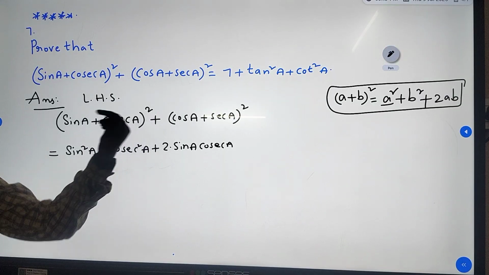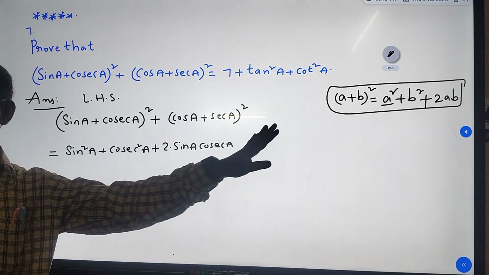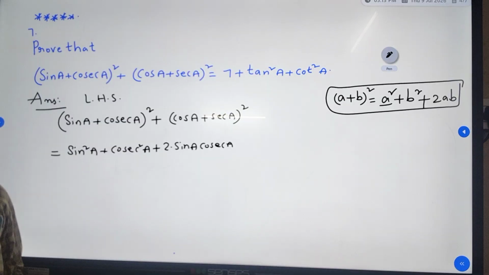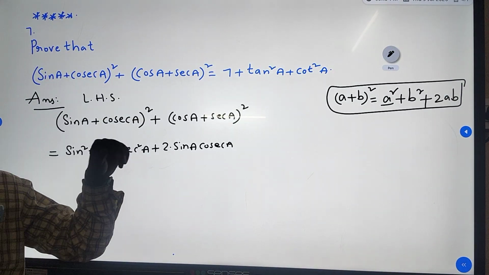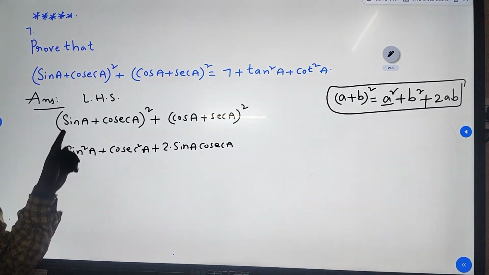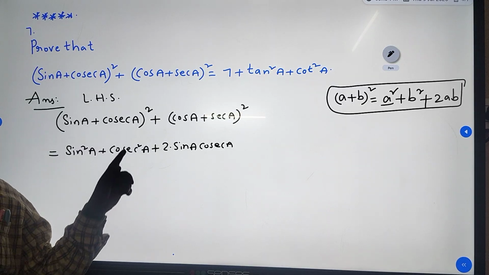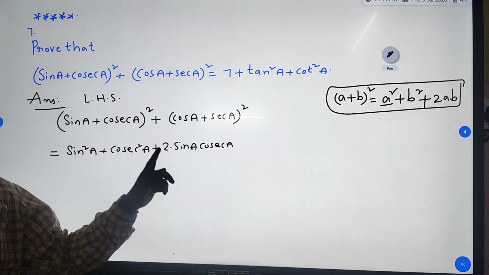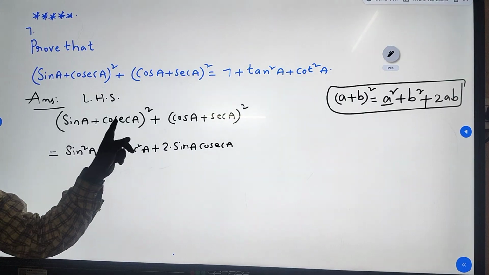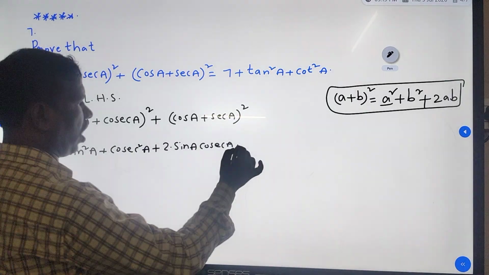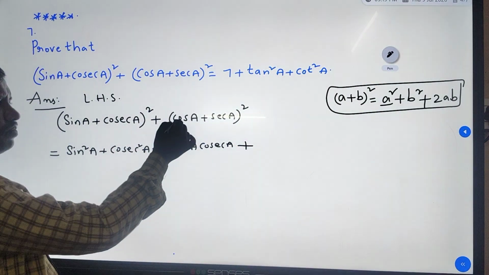It is in the form of A plus B whole square, A square plus B square plus 2AB. A is sin A, B is cosec A, plus 2AB, 2 into sin A into cosec A. Same formula. Yes, apply that.